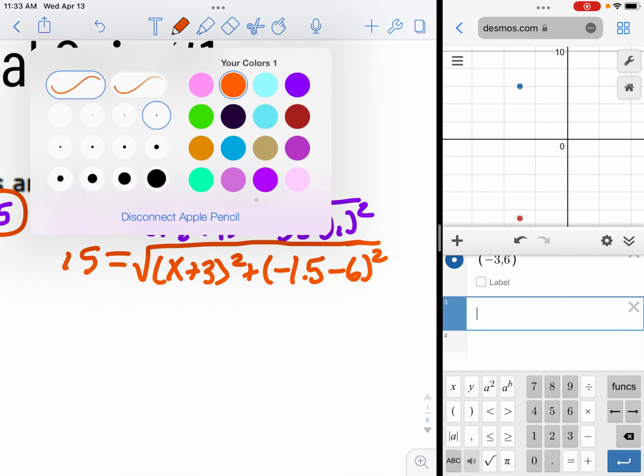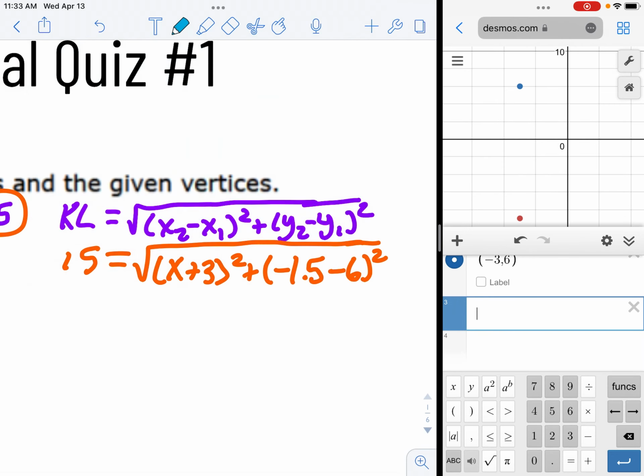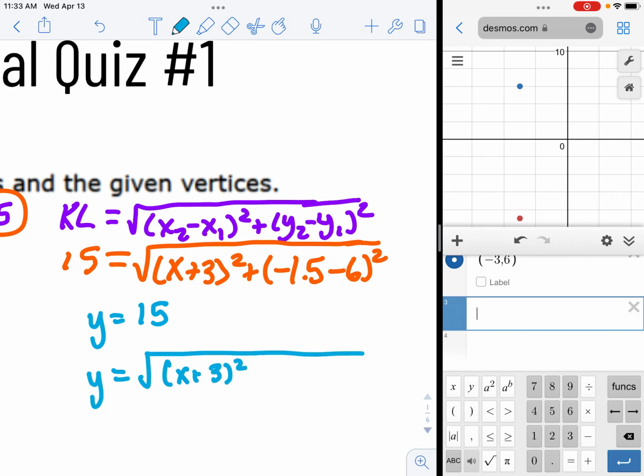And then to hack test mode Desmos, just set both sides equal to y. So y equals 15 and y equals giant square root, all that junk. Let's plug that into Desmos and find the intersection.